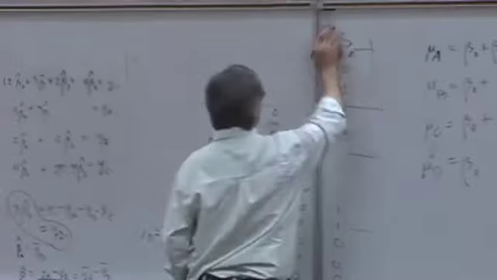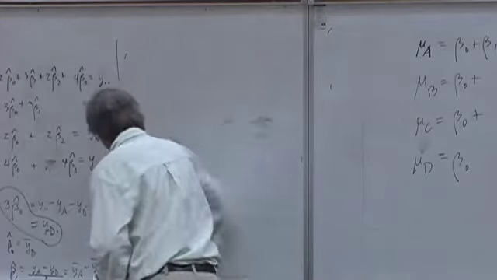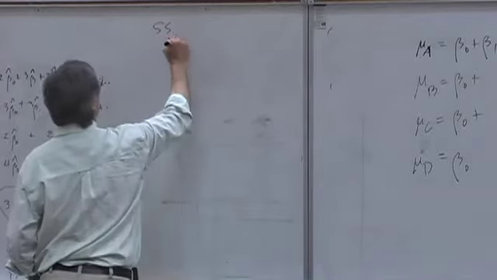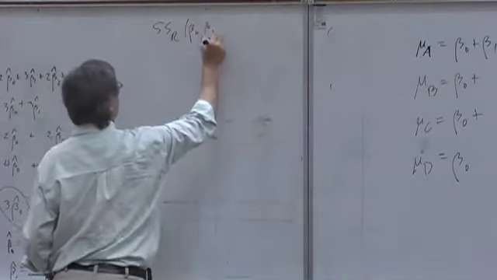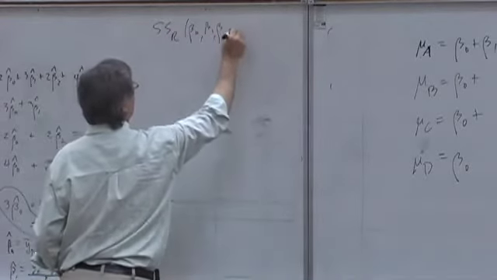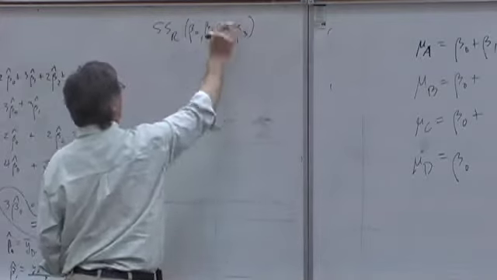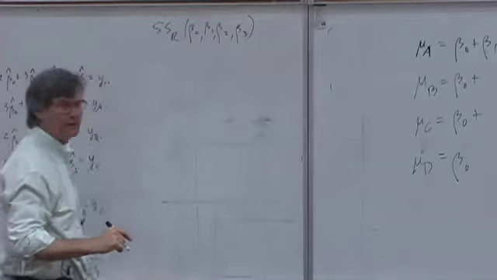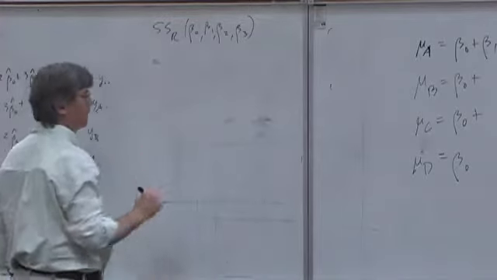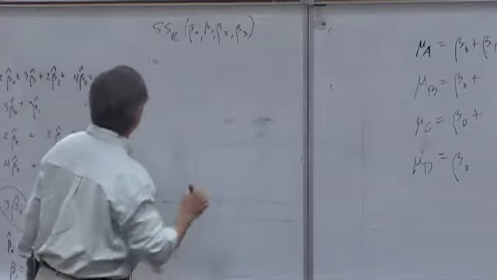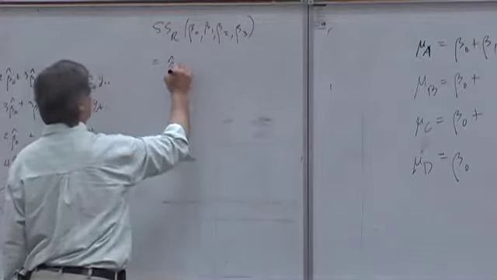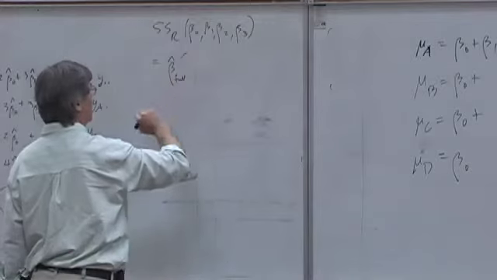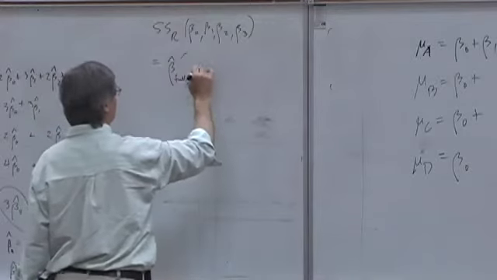The formula for SSR of beta 0, beta 1, beta 2, beta 3. He puts hats on there, but I don't think that was necessary. Regression sum of squares due to fitting those parameters. This is beta hat prime under the full model, X prime y.